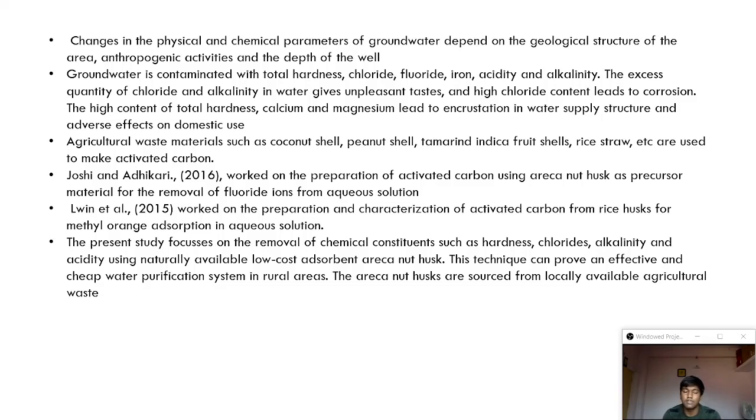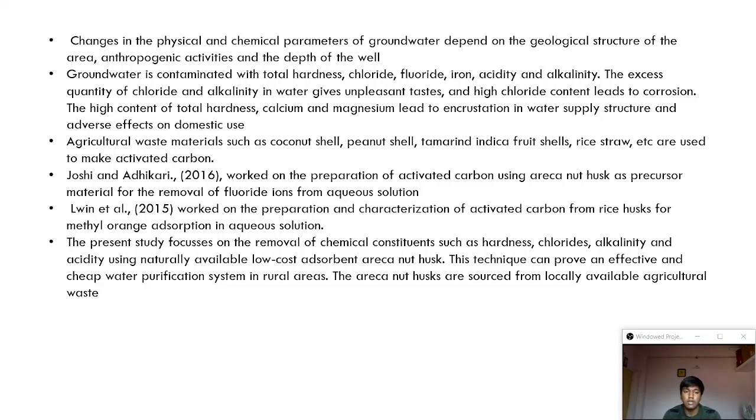But excess of these chlorine and alkalines can also lead to unpleasant taste, and high chloride content leads to corrosion, right?